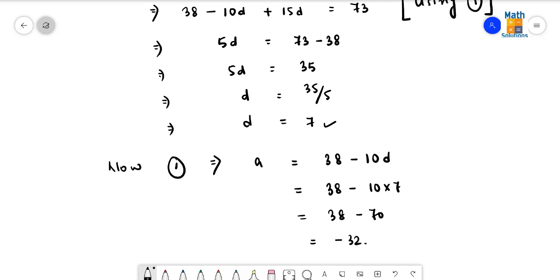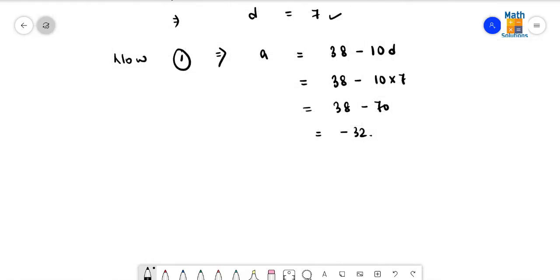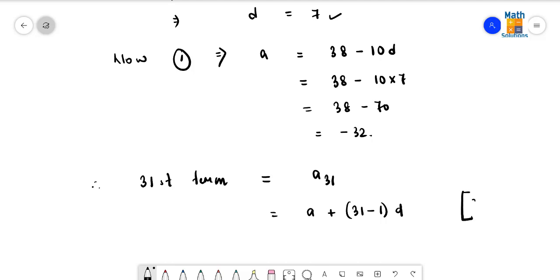So after getting the first term and the common difference, I can find out the 31st term. Therefore, the 31st term, that is a31, I can write here a plus (31 minus 1)d. I'm using here the formula for the general nth term, a plus (n minus 1)d.